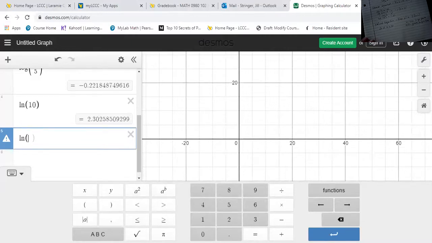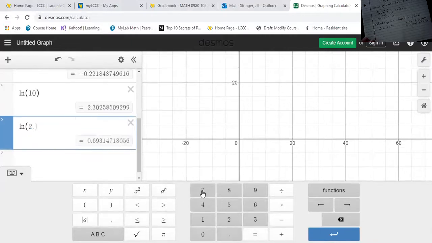Well, because I can't find it, we know E is approximately 2.72. So the natural log of E is 1. That's saying if I had an E showing, E to what power gets me to approximately 2.72? Well, E to the first power, because E is approximately 2.72. I hope that's making sense.